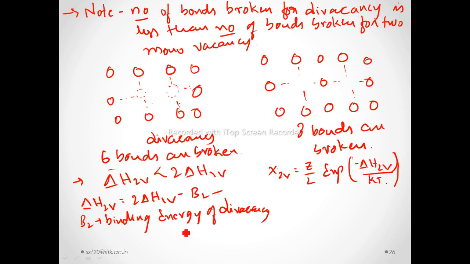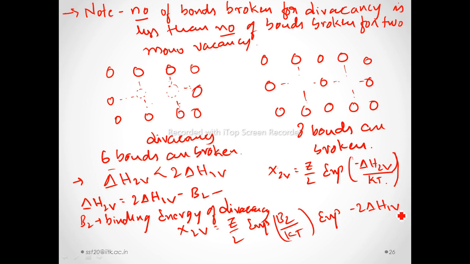That is x2v equal to z by 2 exponential of B2 by KT, exponential of minus 2 into delta H1V divided by KT.